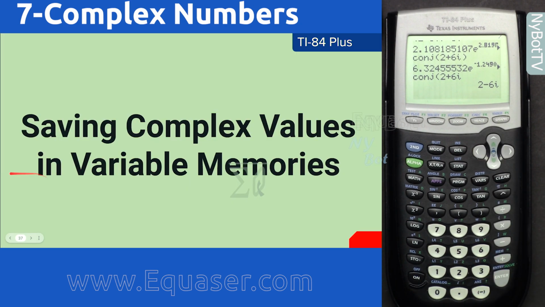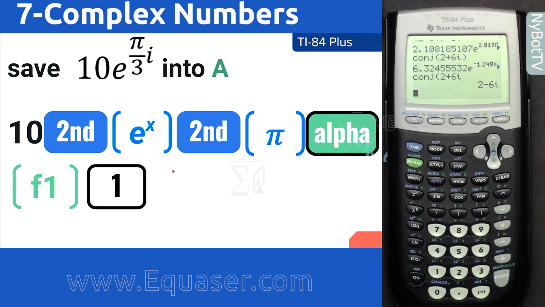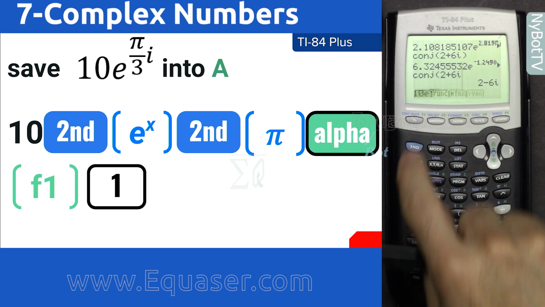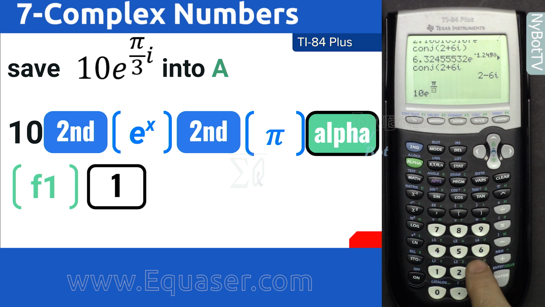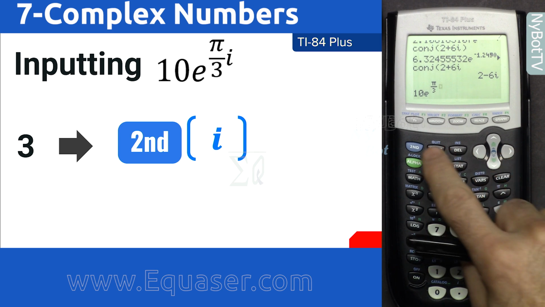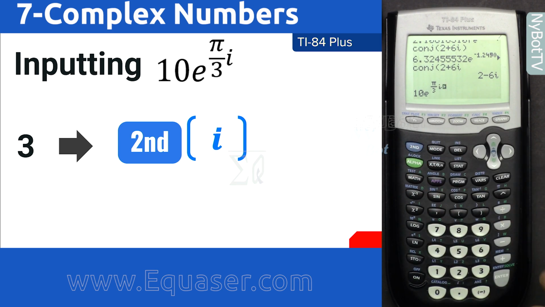Now let's see how we can save complex values into variable memories. Let's enter this value, 10 second function e, second function pi, and then alpha f1, 1, and then 3, go to the right, second function I, we have the expression.